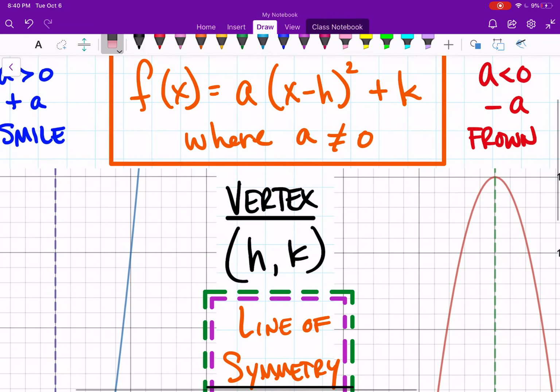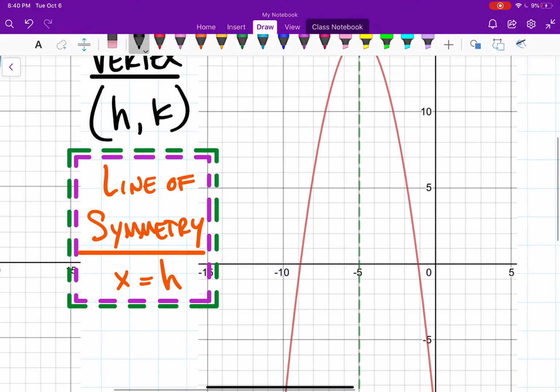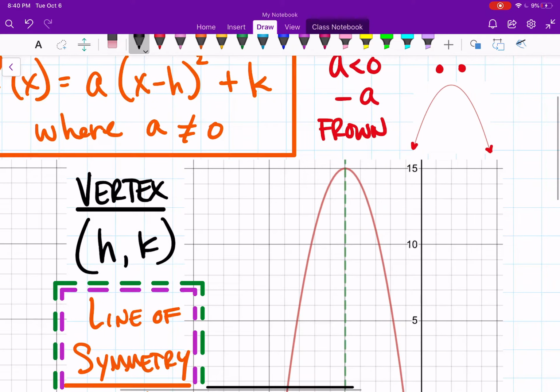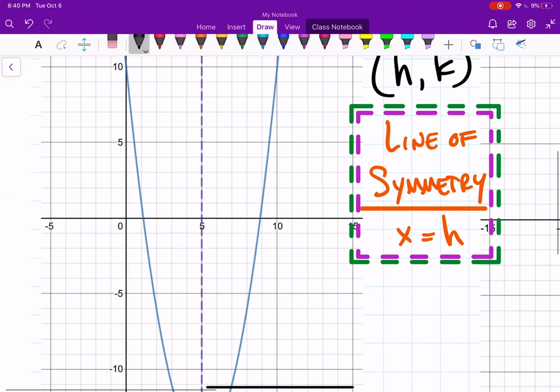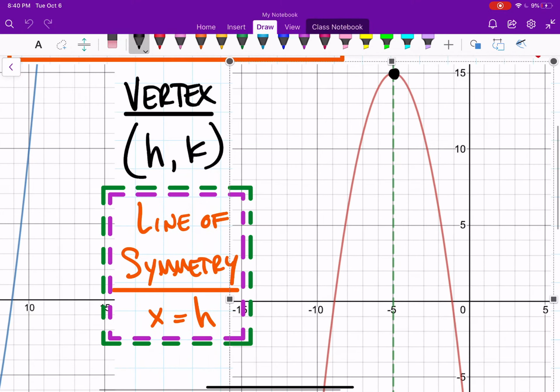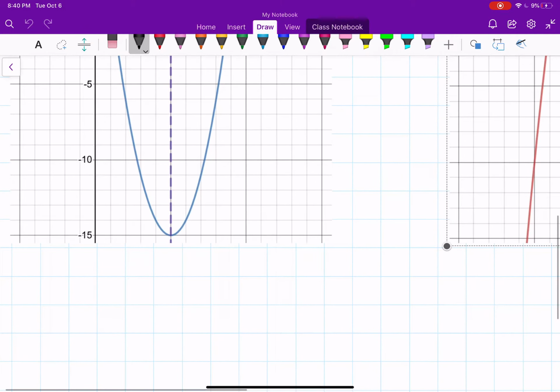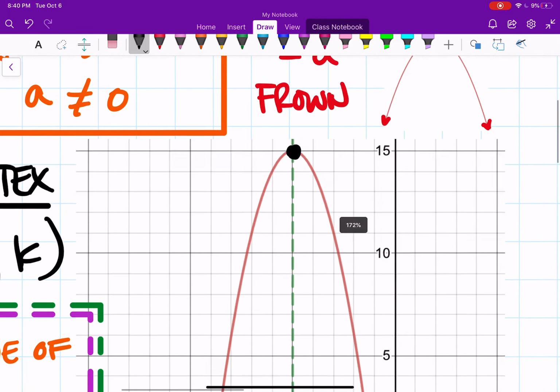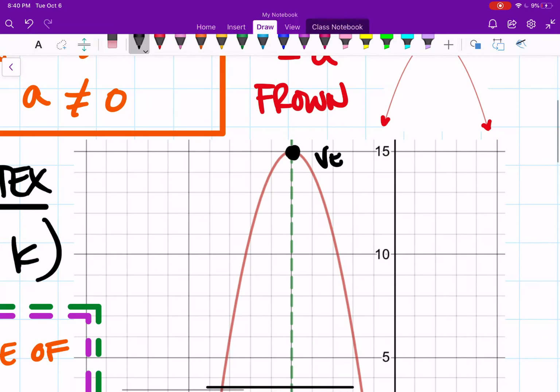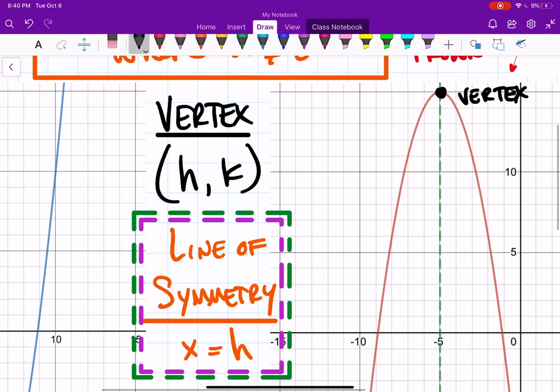Well, your vertex is the peak or the maximum, or the valley or the so-called minimum. So this right here would be your vertex.